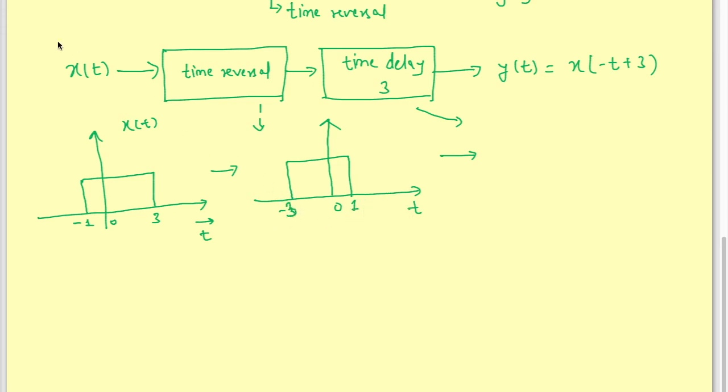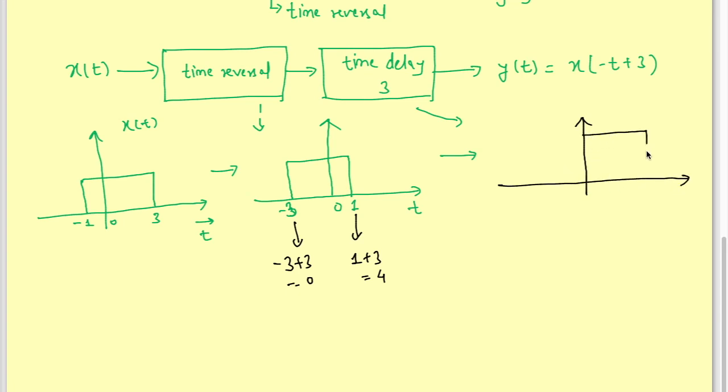So 1 plus 3 equal to 4, and minus 3 plus 3 equal to 0. So my resultant signal y of t will look something like this. It is from 0 to 4, and this is my t. This is my y of t.